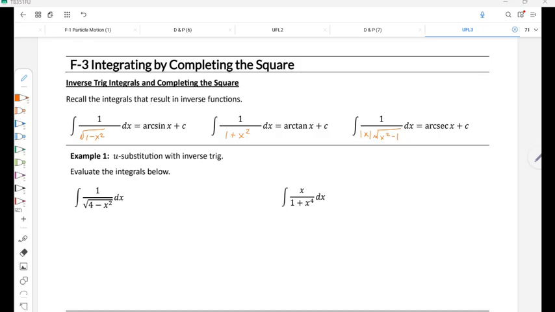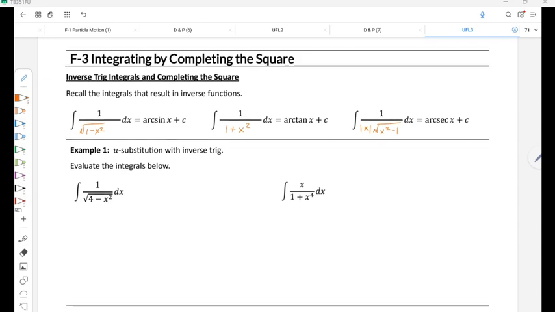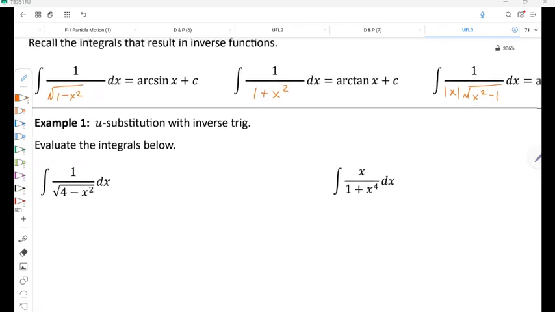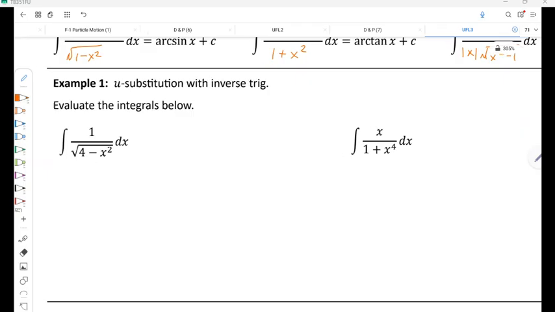So those are our integrals. So let's take a look at some things where we have to do a little bit of U sub to get our integrals to look like that. We haven't seen this. I don't think we've seen either of these yet. There are a lot of little things that can change here that you're going to have to deal with.